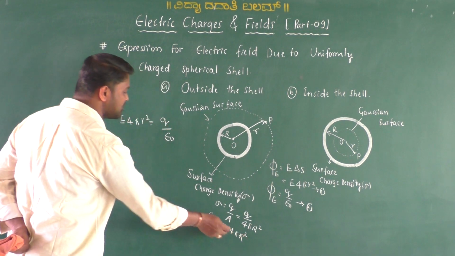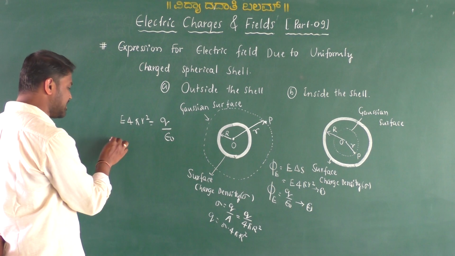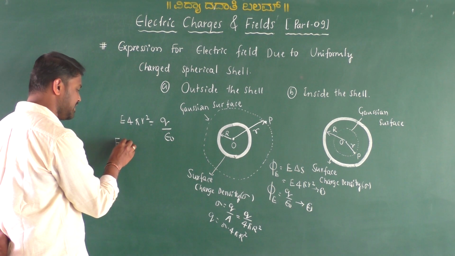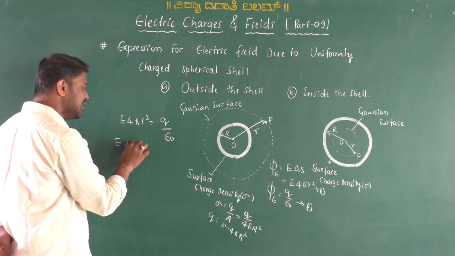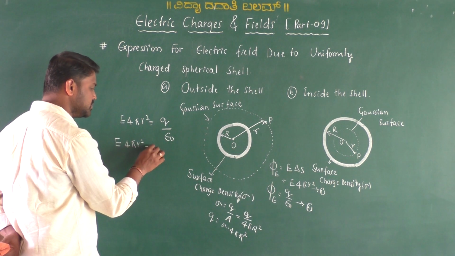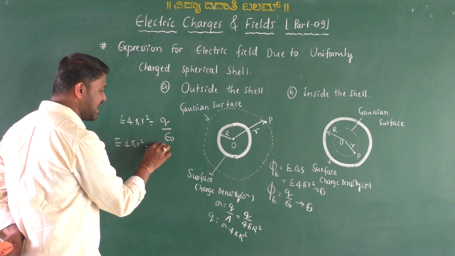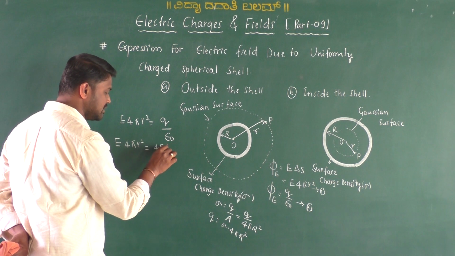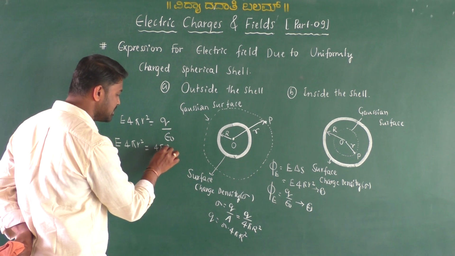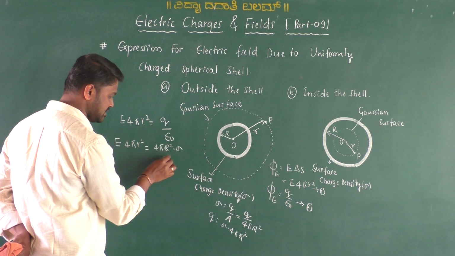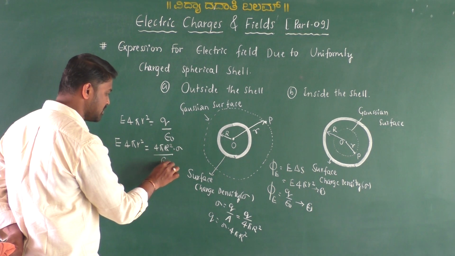If we replace this value of Q, we get E into 4 pi R square equals 4 pi capital R square into sigma divided by epsilon naught.